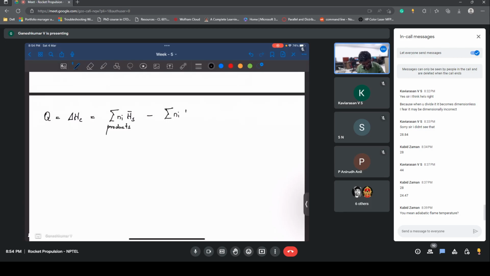Here in this case, it's sensible. Here in this case, what happens? This is 0 because my reactant is already at 298 Kelvin, so you need not raise the temperature of the reactant to an initial temperature. What is my initial temperature?